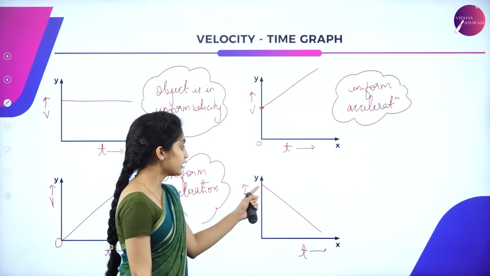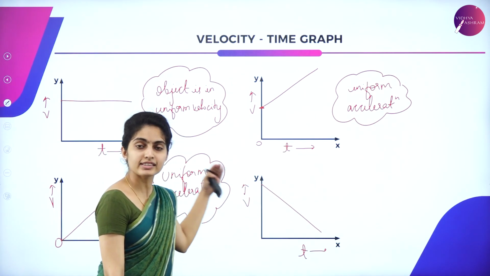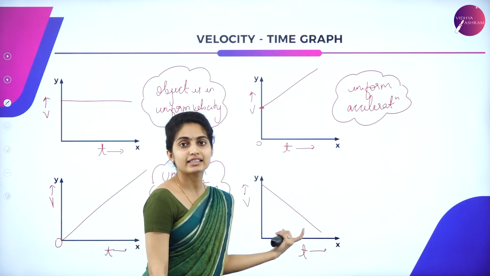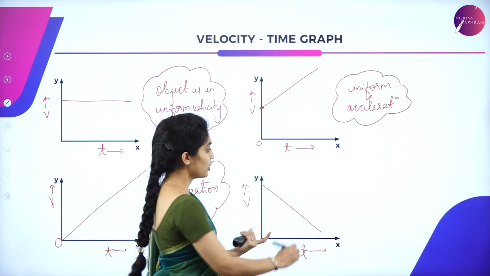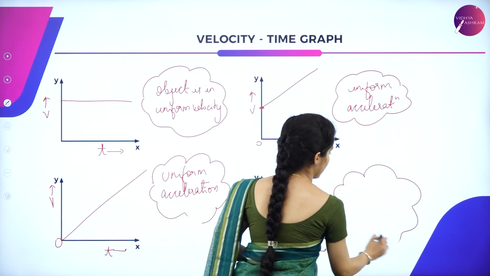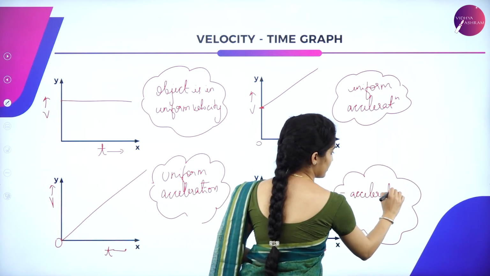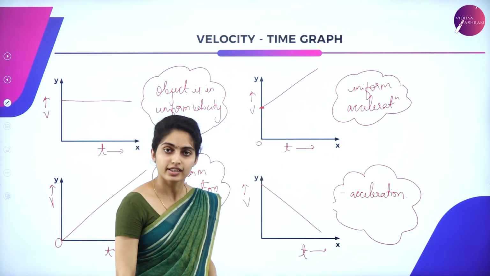It tells that the object is moving from some value downwards, that is, the velocity of the body is decreasing. So you can tell that it is having a deceleration, that is negative acceleration. The acceleration is decreasing.